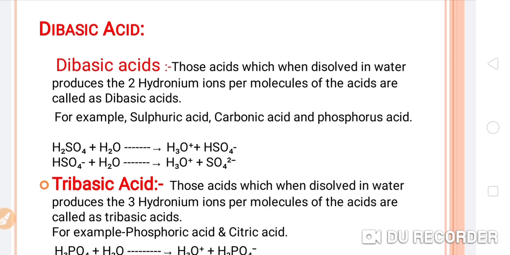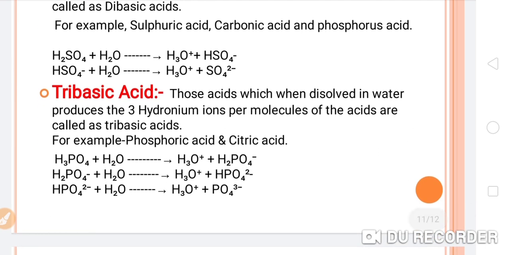And when it redissociates in the water, like you can see in the second step, HSO4 negative plus water, you will get another hydronium ion and sulfate 2 negative anion. So this reaction completes in two steps. In the first step one hydrogen has been replaced, and in the second step the second hydrogen has been replaced and it is converted into the sulfate 2 negative anion and one hydronium ion is formed.